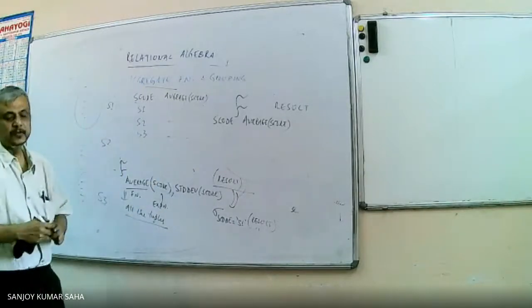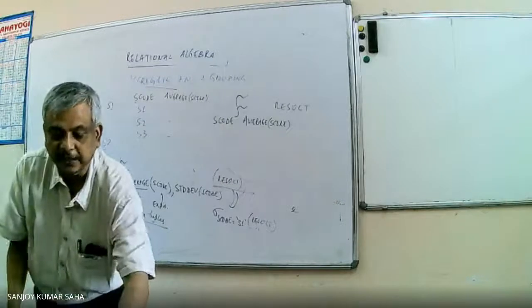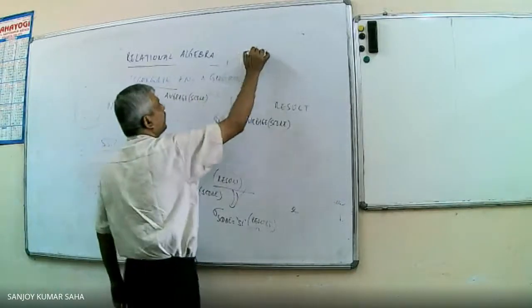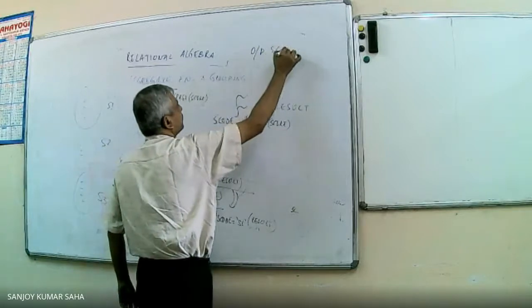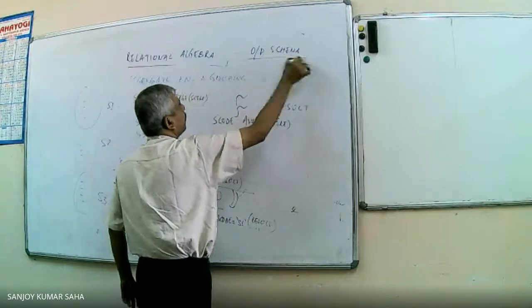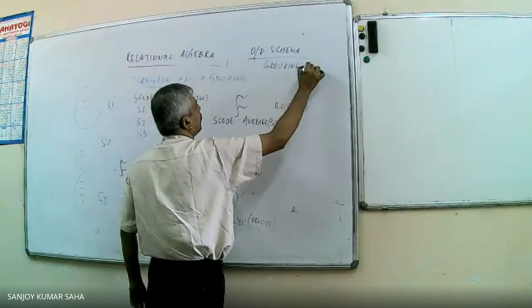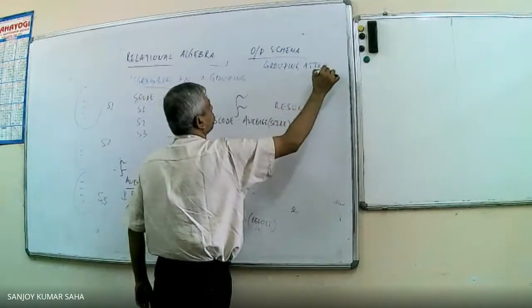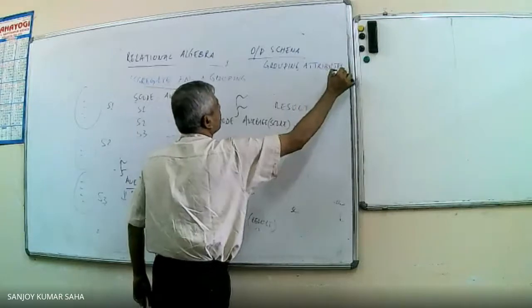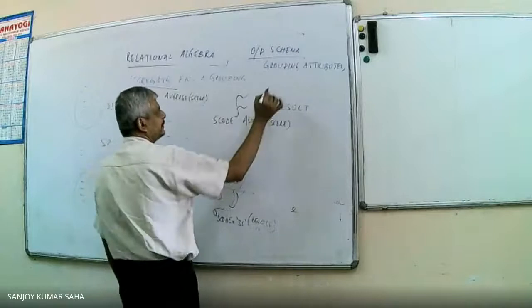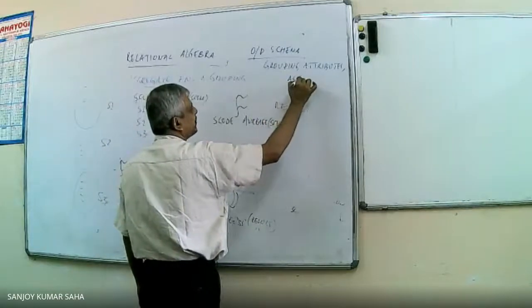So whenever we are using aggregate function and grouping, the output schema will be the grouping attributes and aggregate functions.